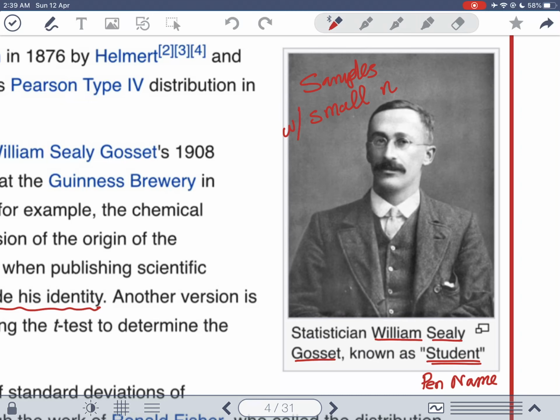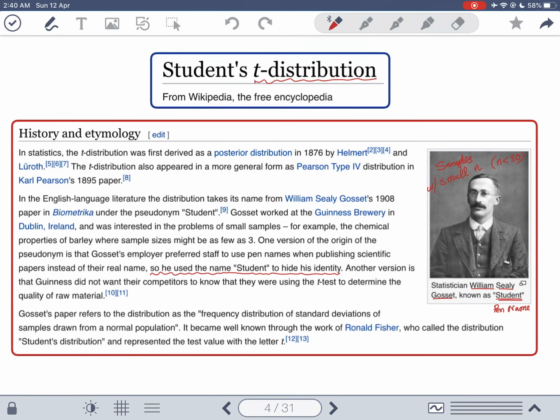So samples with small n. Small n, let's agree, means n less than 30. Okay, so he was interested in what kind of distribution approximates samples that are small. And he constructed this t distribution and called himself Student, because he was not allowed to give his name.